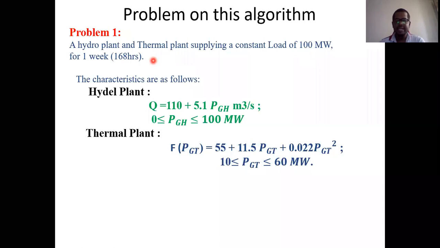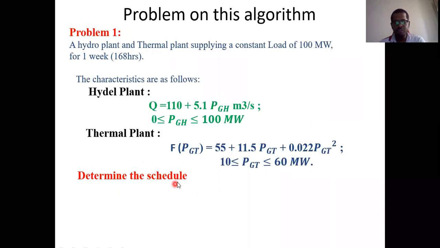Along with this data, PD and time, we have characteristics for the hydropower plant and similarly for the thermal power plant. These are the characteristics for the hydropower plant, and these are the characteristics of the thermal power plant. Along with this, one more requirement is there, that is to determine the schedule. Schedule means, as we already know, how much power is generated by the thermal power plant and similarly how much power is generated by the hydropower plant.